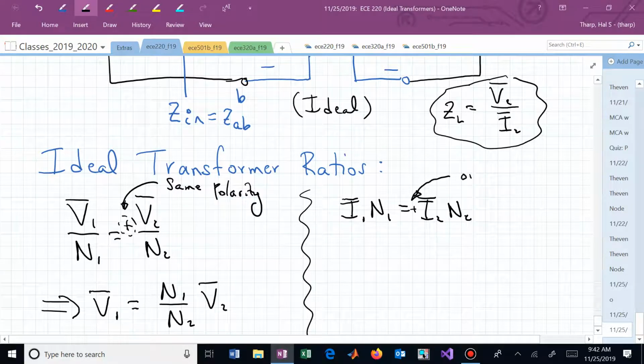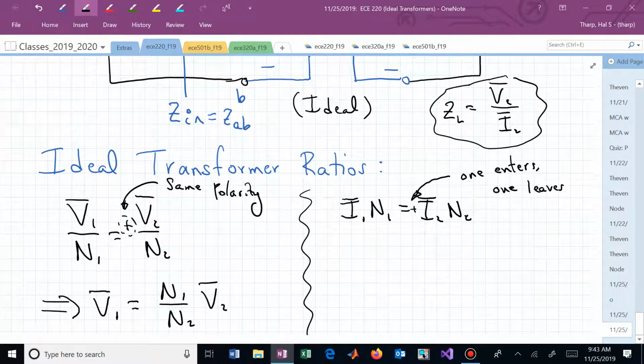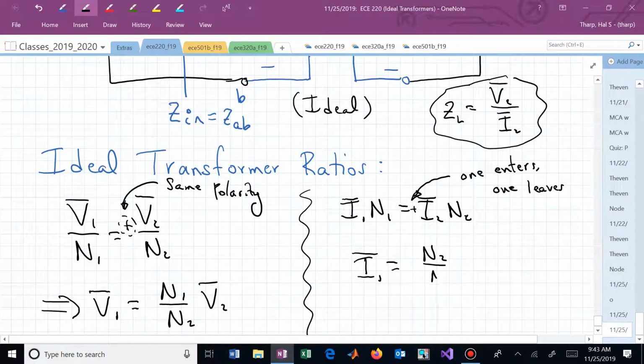So I had one current entering and one current leaving. I hope that description is clear. And now I can solve for I1. I1 is now equal to N2 over N1 I2.